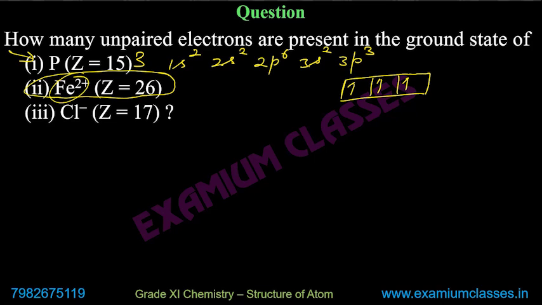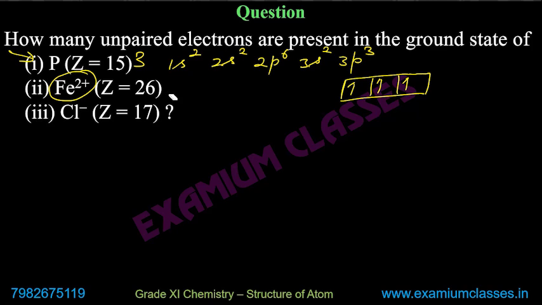I am repeating it. Don't write the configuration of iron directly. Because if you consider ionic form, Fe2 plus means it has lost 2 electrons. Fe2 plus gained +2 charge after losing 2 electrons. So it has normally 26 electrons, 2 lost, 24. So you can write configuration of 24.